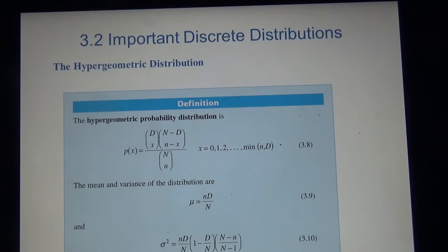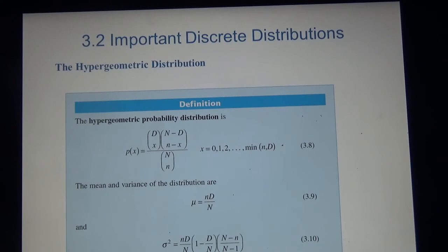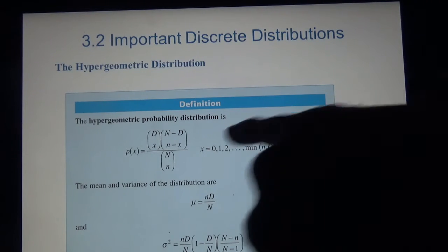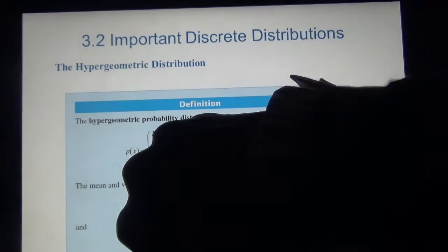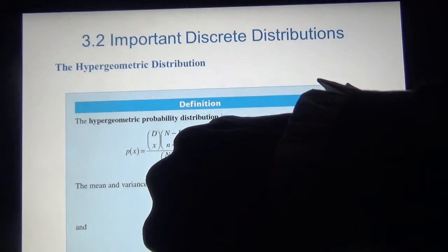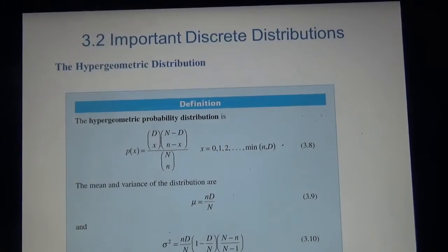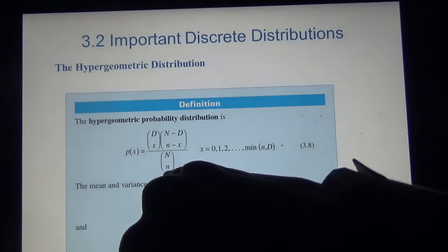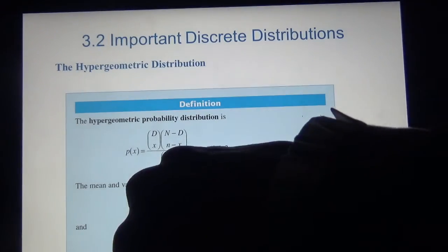Now, what are the important discrete distributions? The first one is the hypergeometric distribution. We can give an example: let's say that there are 10,000 in production, and out of 10,000 we have 50 defaults. We draw x from the defaults and n minus x from the non-defaults, out of big N over the sample number.